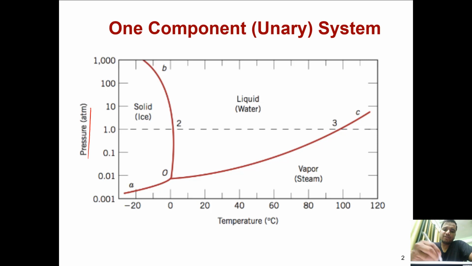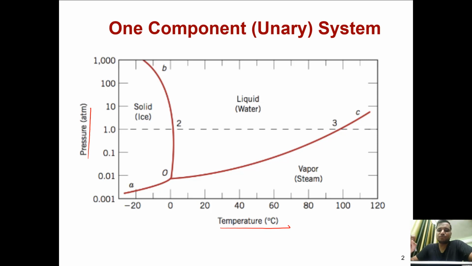When we represent it in pressure and temperature, this is particularly for a single element phase diagram, or what is called a one component system. One component means single element, like iron or water. So at different pressure and temperature, what are the phases that are there.